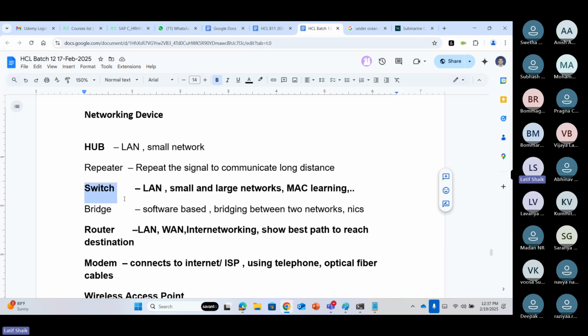But how can my system reach that destination? In between, there are several routers. These routers tell you where the destination is, how to reach it, and which is the best path to reach it. That is what a router does. It works in LAN and in WAN connectivity, and it makes communication between different networks.